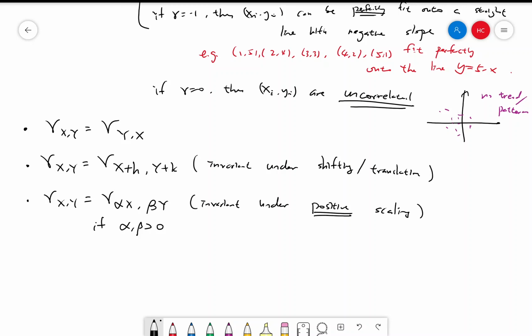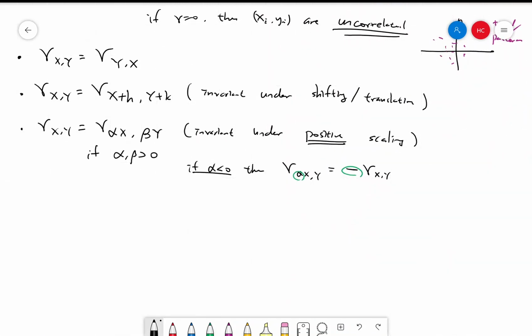So you might ask, what happens if alpha and beta are negative? Then if alpha is less than 0, the relation between alpha x and y is going to be the negative of the relation between x and y. So if alpha is negative, it flips the sign of the sample correlation coefficient.